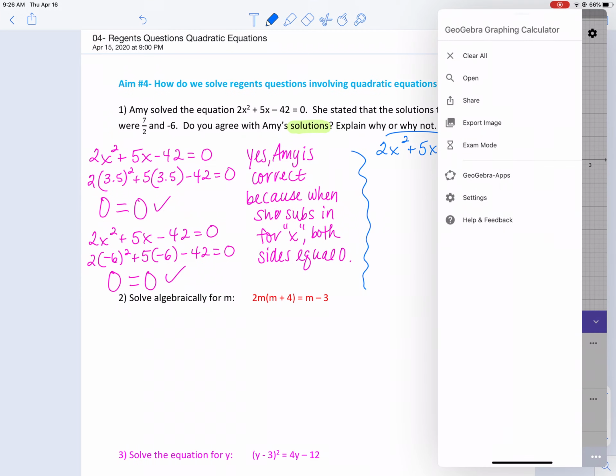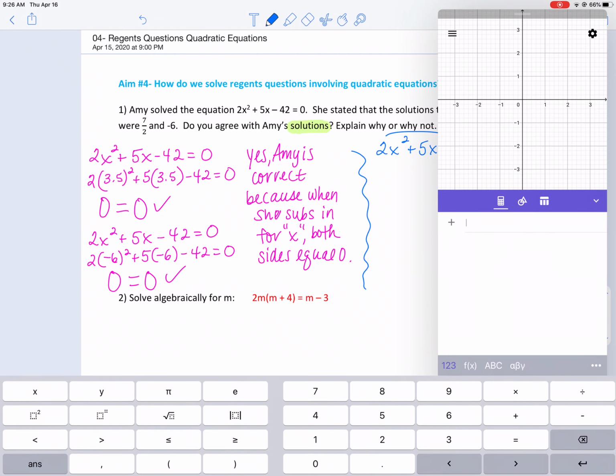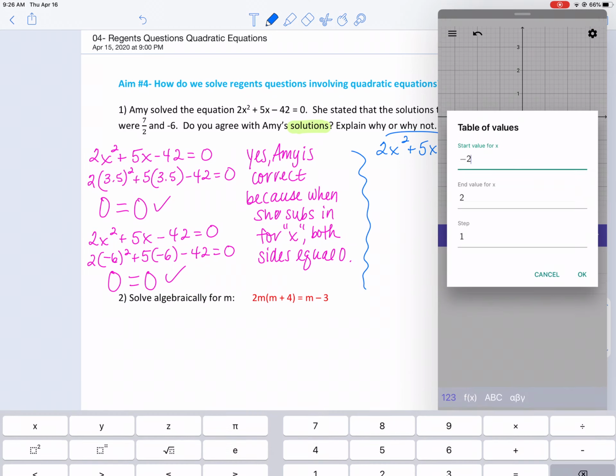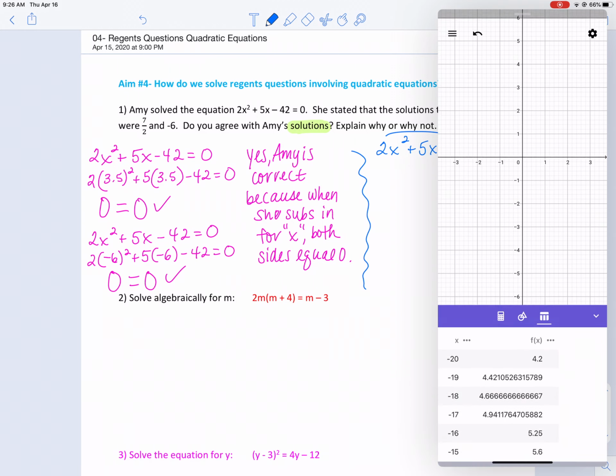So literally, this is what you could do. If I clear everything out and say to myself, okay, I have negative 84, I could divide it by x, and I could go to my table of values, from negative 20 to positive 20, and find a whole bunch of numbers.